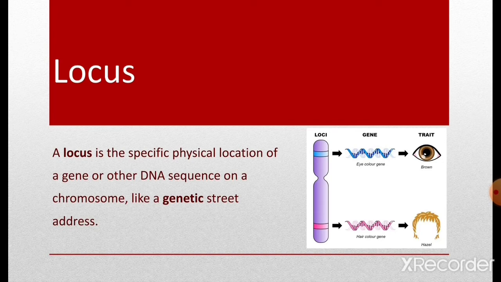For example, the blue color strip is a gene which is responsible for eye color, while the pink color strip is a gene which is responsible for hair color. These locations are fixed in each and every human being. There is no change in location of these genes among any human being. So this is all about the locus.